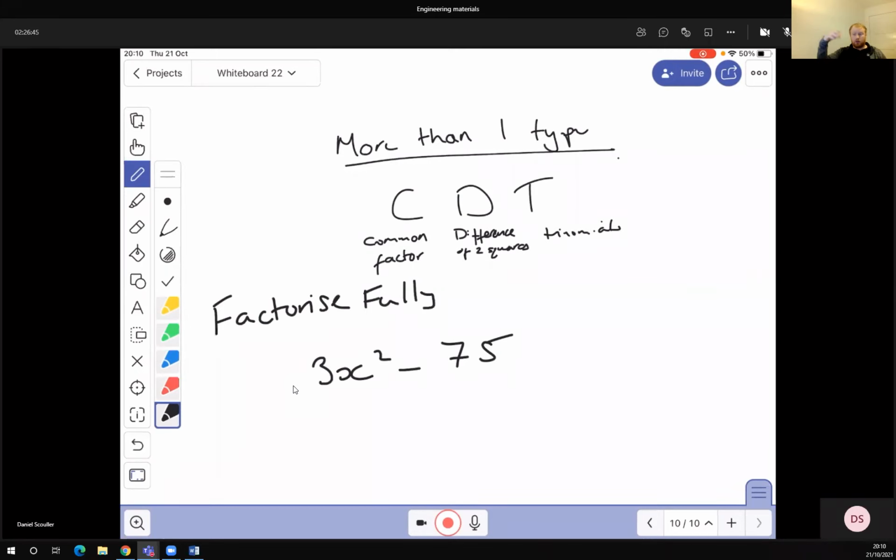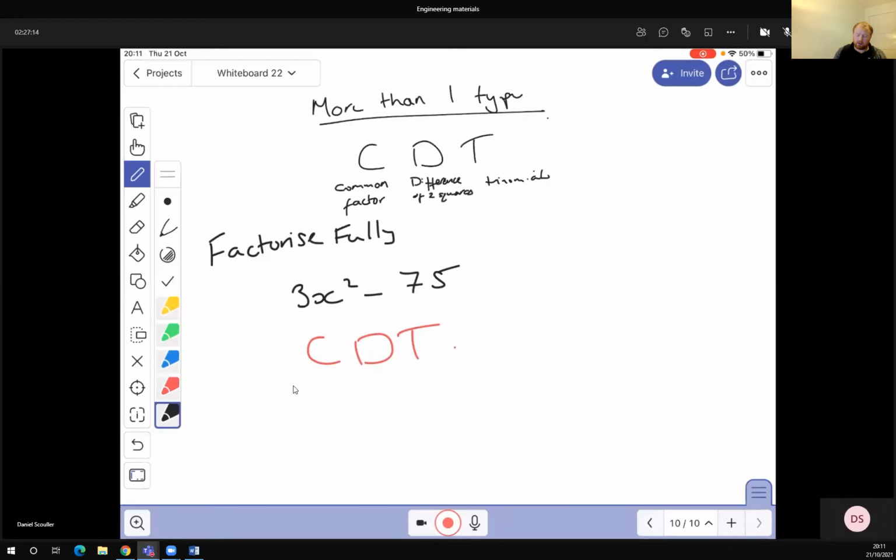Factorise fully, and then you get given 3x squared minus 75. Okay, so you look at that, and if you didn't write CDT, you might be like, factorising, I know I should be doing something. There's no x term in the middle, so is that a difference of two squares? And then you'll trip yourself up. Okay, so always write down CDT.